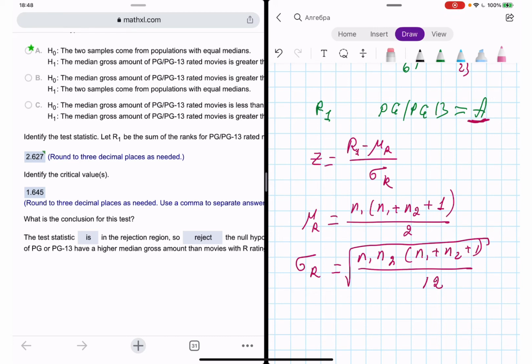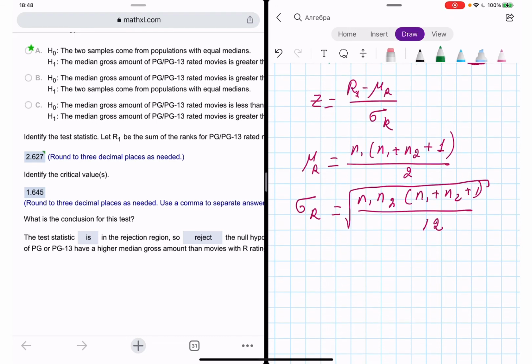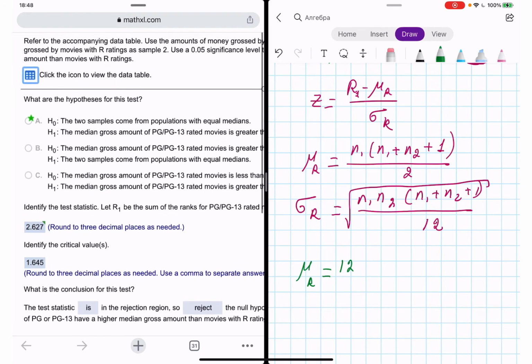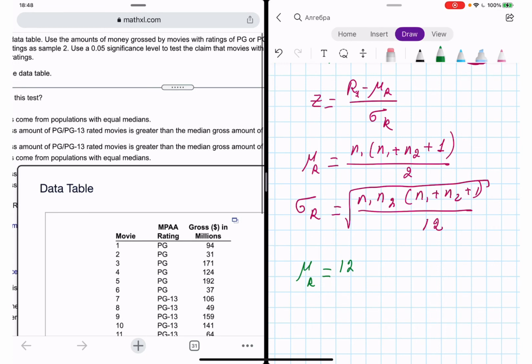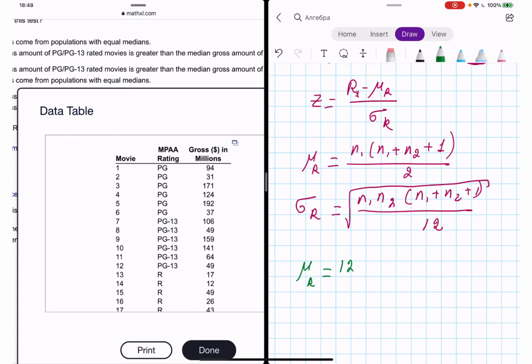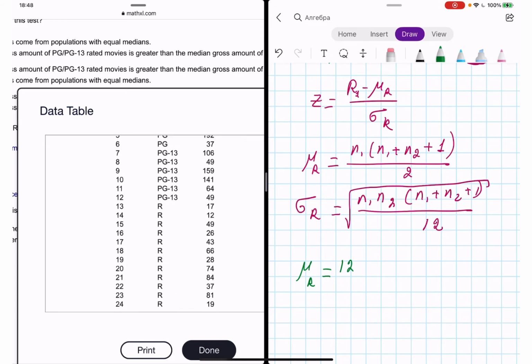So mu R is going to be equal to, n1 is 12, and n2 is 12, because it's asking R1 to use as PG/PG-13, so it's going to be sample size 12, 12 movies, and the other sample, since there are 24 movies, 24 minus 12 is going to be 12, so both n1 and n2 are 12.